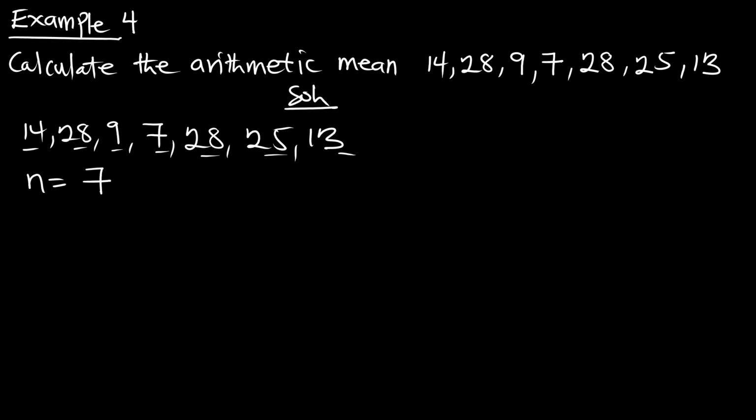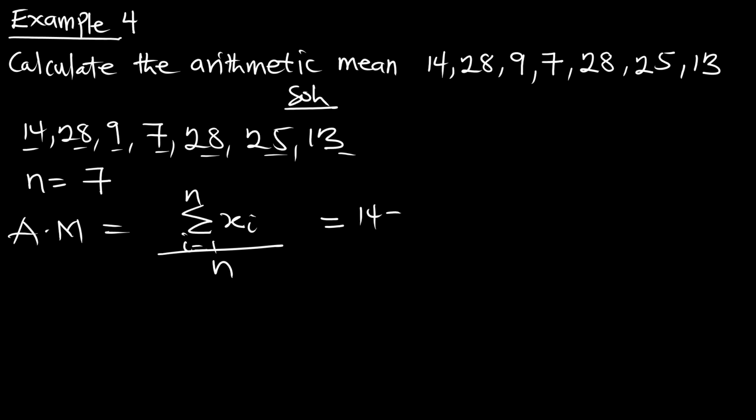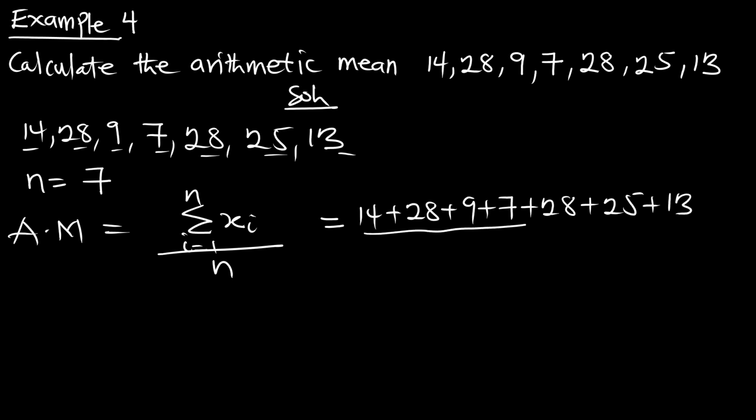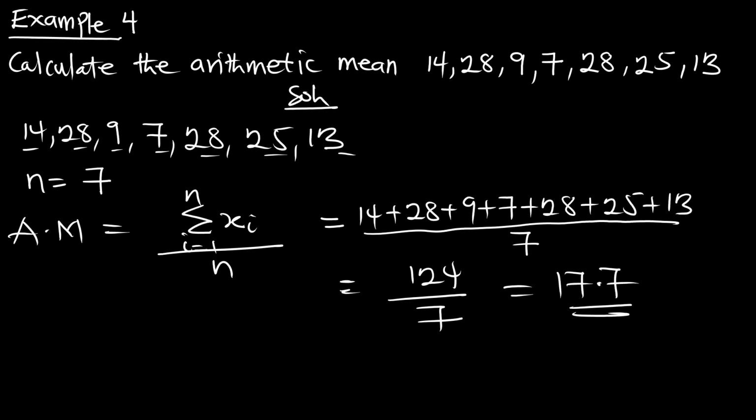So arithmetic mean, which is the summation of the x from i equals 1 up to n, on n. This is the same as summing all the x, which is 14 plus 28 plus 9 plus 7. I told you the order is not important, to rearrange them. Plus 13 over 7. This is going to give us 124 on 7, which is equal to 17.7. So this is the arithmetic mean.